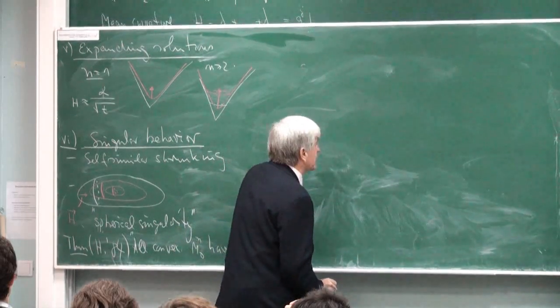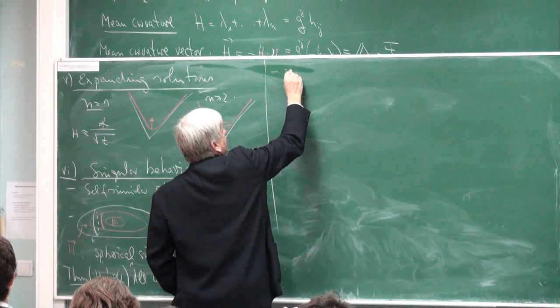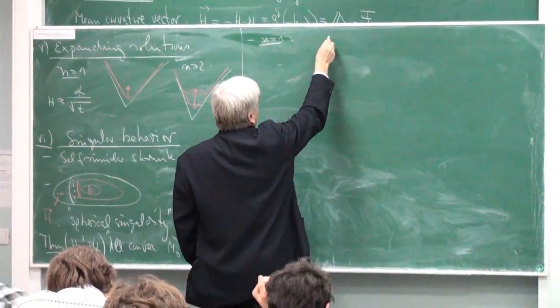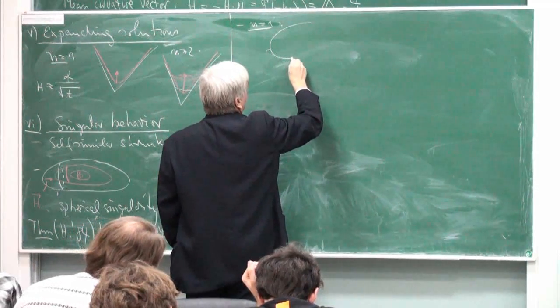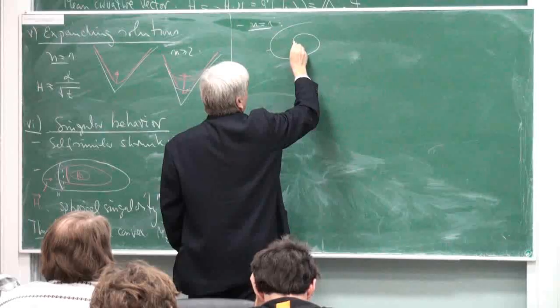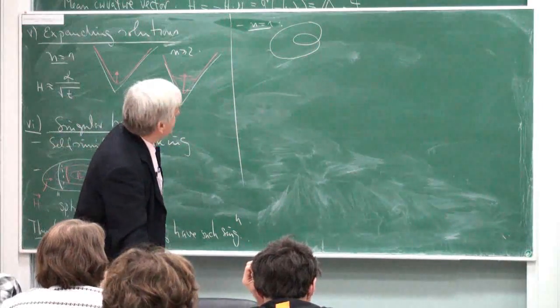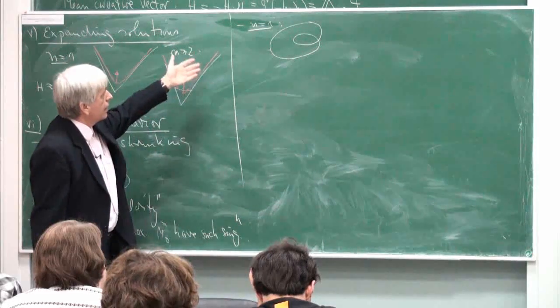For example, even for n equals 1, some funny singularity can happen. Namely, if you draw a curve like this, this is a curve in R2, then you see the mean curvature vector in the small loop is bigger than in the large loop.